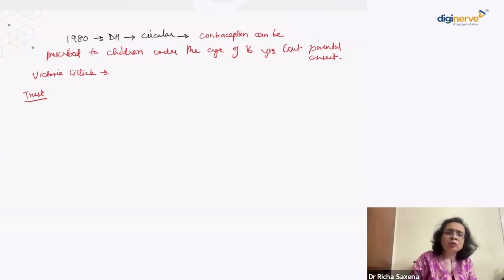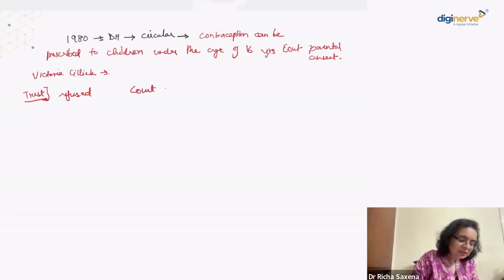I think it was Norfolk, I don't remember the name of the trust, but they refused. So she went to the local court, and it's a very funny thing that the local court took the decision in favor of the Department of Health. So she went to the Court of Appeal.